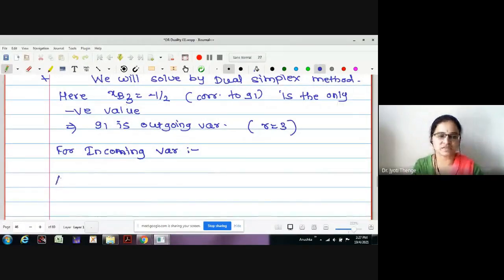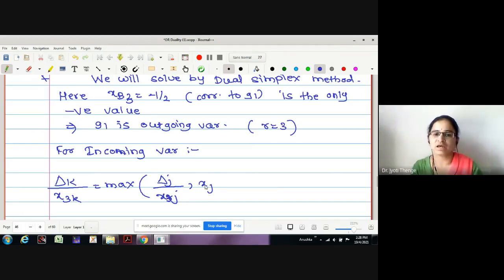Therefore, what can I write for delta k upon x3k? This is actually the maximum of delta j upon xrj, provided, r is 3, no? Therefore, let me write 3. x3j provided x3j is less than 0.